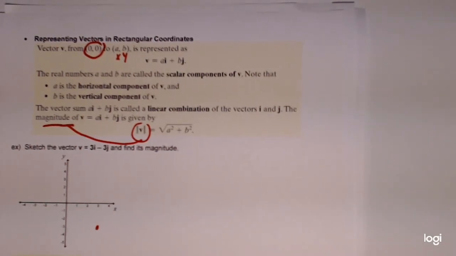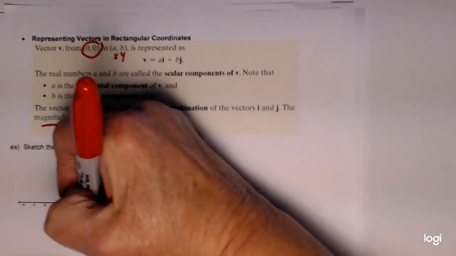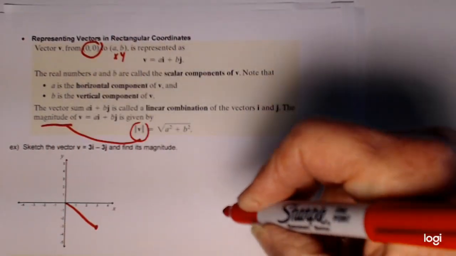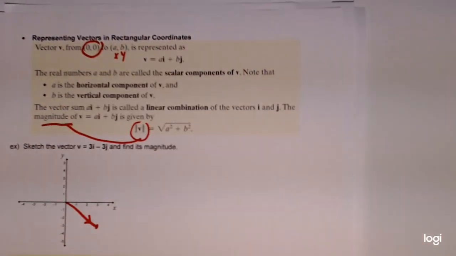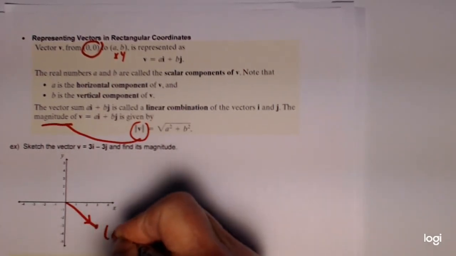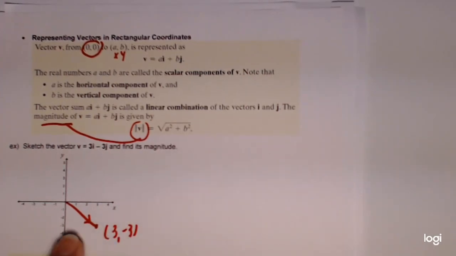We're starting, the beginning point, the initial point is the origin. So there is our vector, and I'm going to show the direction by putting that little arrow in to show we're moving in this direction from the origin to this point here, which is 3, negative 3. So there's the sketch of our vector.